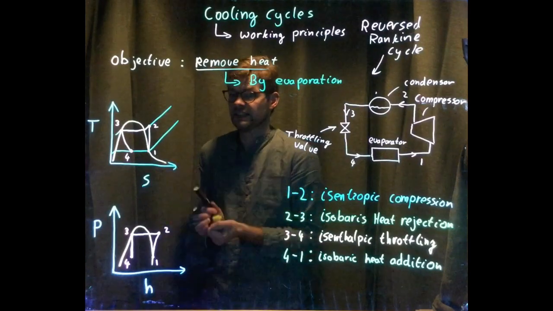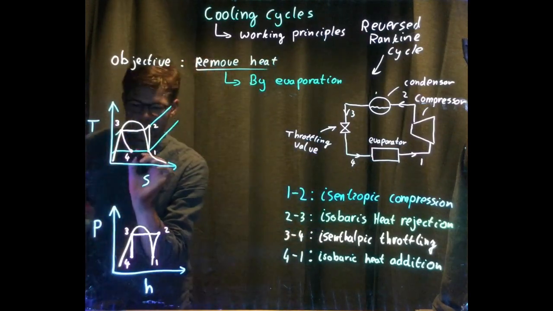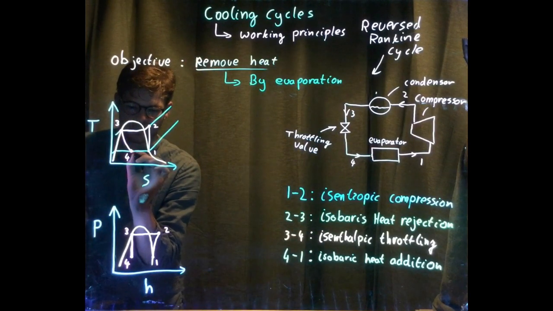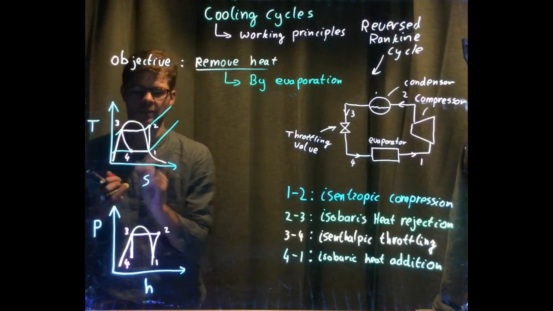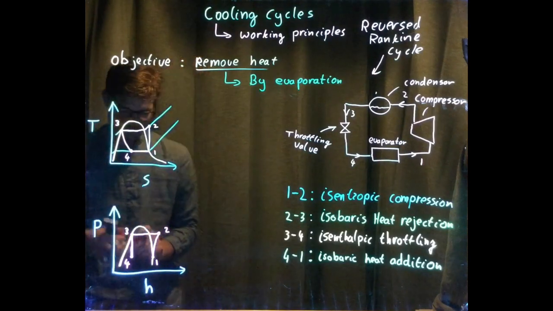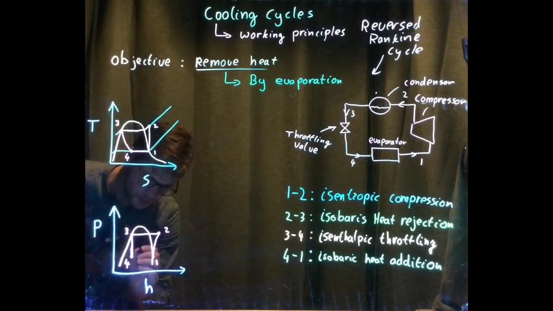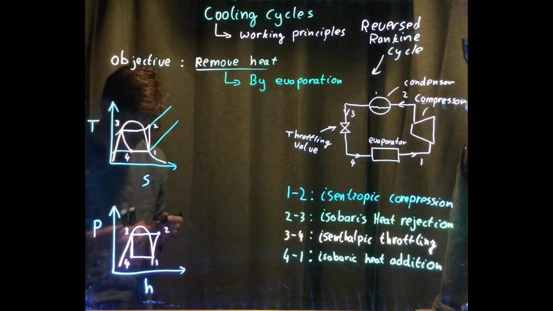So actually heat is extracted from the system, and phase change is going on. So the phase change is not really a phase change. It will still remain a mixture, but more vapor will be in the mixture. So the mixture will change, and over here as well.